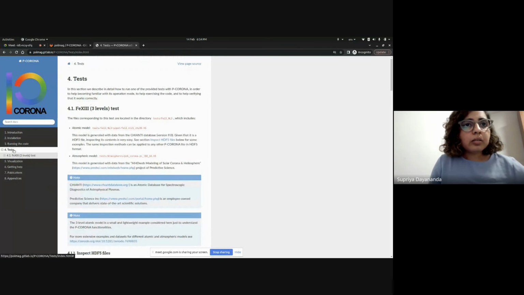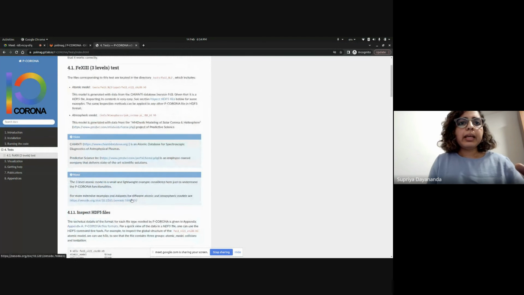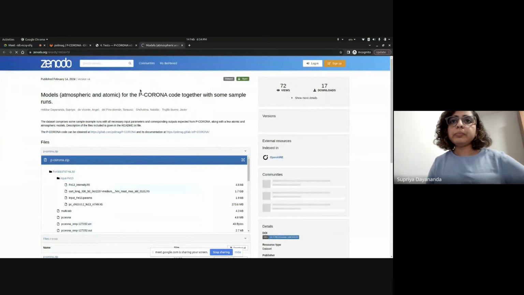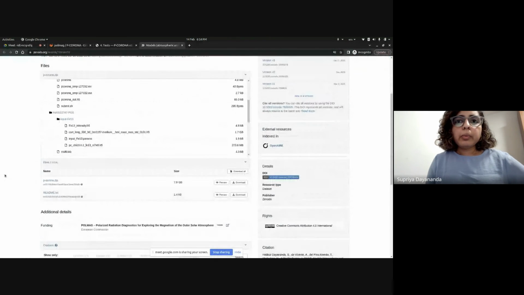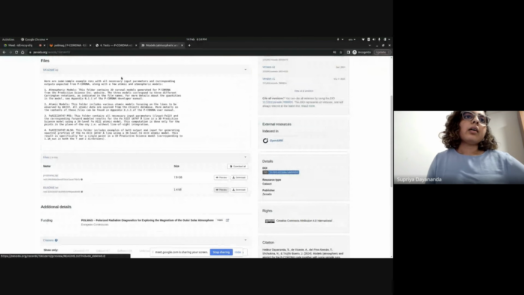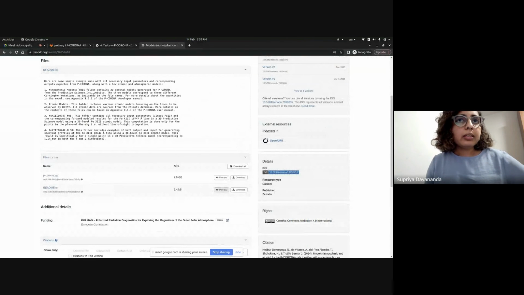Along with that, more complicated examples are put in Zenodo. In Zenodo, we provide a set of atmospheric models from Predictive Science and a set of atomic models.